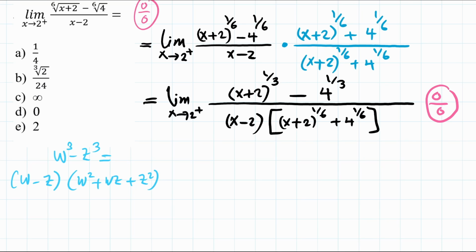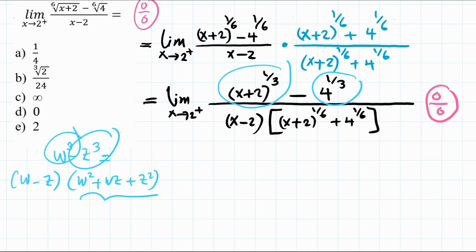Now, if you think that this is w and this is z, then you only need to multiply by this expression in order for you to be able to cube them. And if you cube them as such, you will be able to get x plus 2 and 4 without the power 1 over 3.